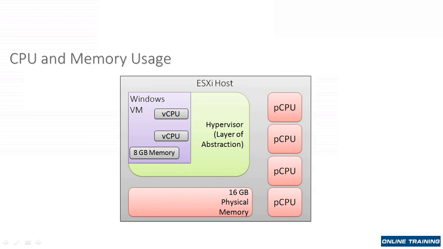Now, one of the resources that we're going to present to our virtual machines is CPU and memory. So let's assume in this scenario, our Windows virtual machine has been created with 2 virtual CPUs and has been allocated 8 gigabytes of memory.